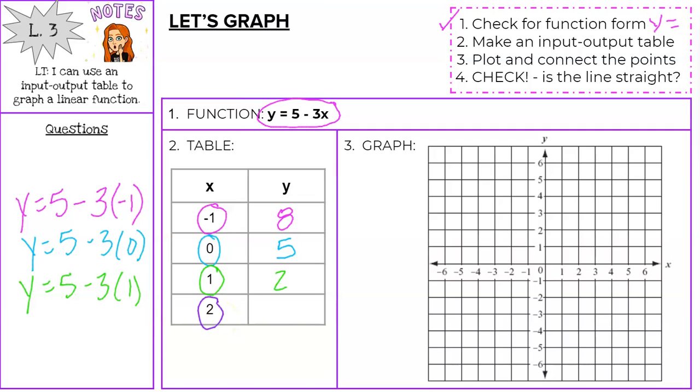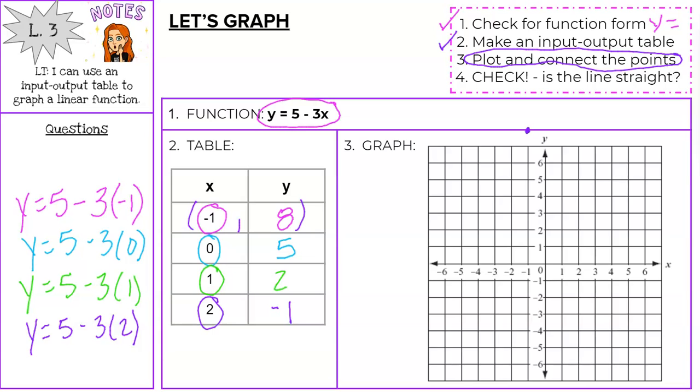And lastly, put 2 into my function. And that'll give us -1. So now that we made our input-output table, now we get to plot and connect the points. So remember, these are coordinate points. So we have -1, 8, which we can't really put on the graph.